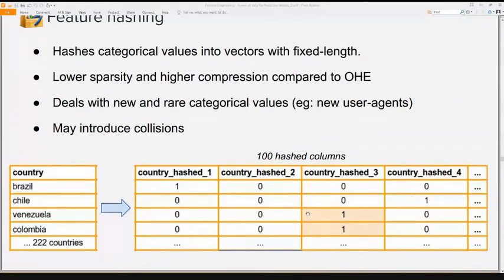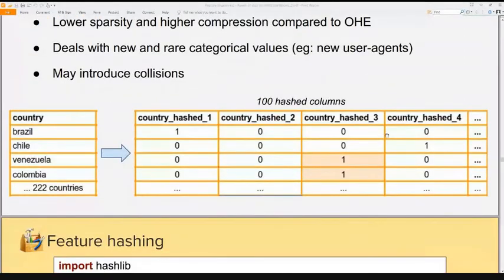But feature hashing does it using a particular algorithm, such that it did not take country hash 1. It went for country hash 4. What we were talking about, may introduce collisions, is Venezuela is on country hash 3 and Colombia is also on country hash 3. Okay, thank you.